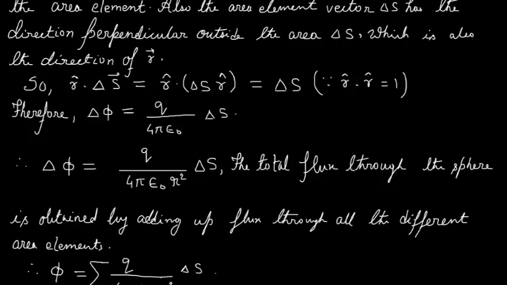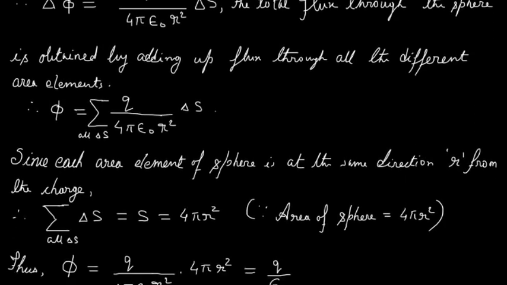Therefore, delta phi is equal to q upon 4 pi epsilon naught r square, delta S. The total flux through the sphere is obtained by adding up the flux through all the different area elements.